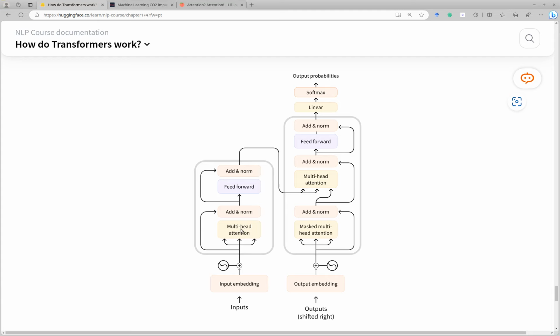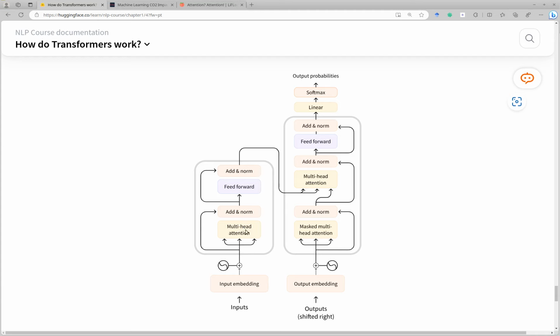We have talked about attention, and the concept of multi-head attention is that we have not just a single attention head but multiple attention heads, so we can understand the context of the words in detail and explore inner relations that we are missing with the single-head attention mechanism.